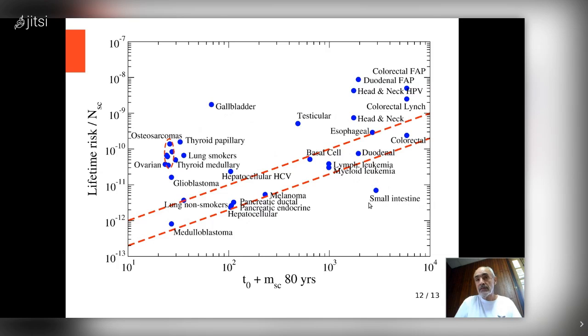And in fact, we have there enhanced protection. There is a big number of Peyer's patches and a number of immune cells, etc. As a result, there is also an overprotection, let's say, against cancer, and then the risk is below the risk of normal tissues. This is more or less the interpretation.